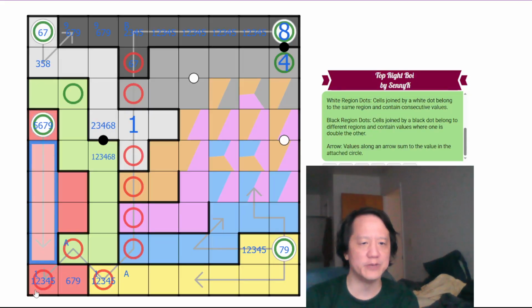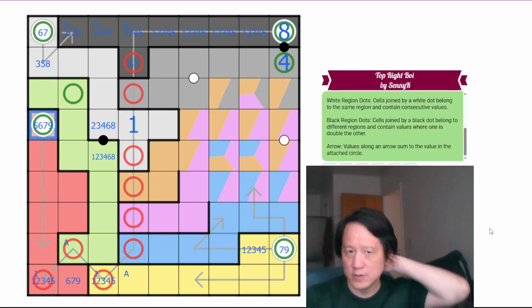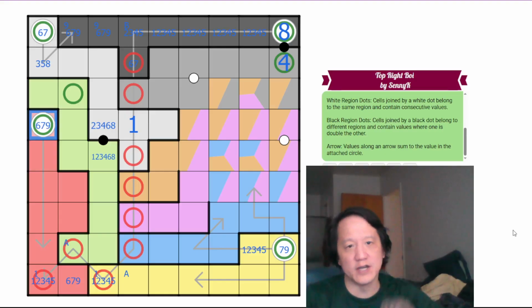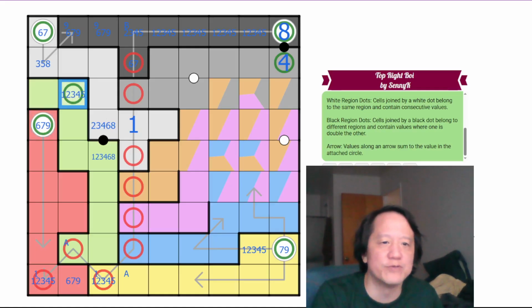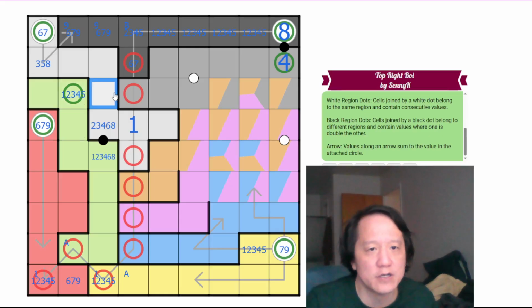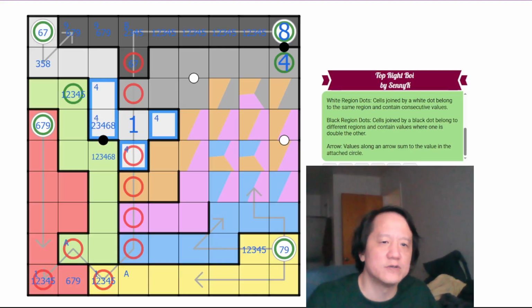But then that would eliminate all possibilities for this cell there. So this is 6, 7, 9 as a triplet in the top right boys. So that means these have to be 1 through 5 there. Interestingly enough, 4 can't be here. So 4 has to be one of these 4 cells.